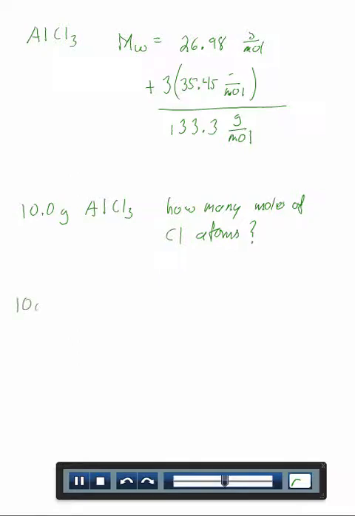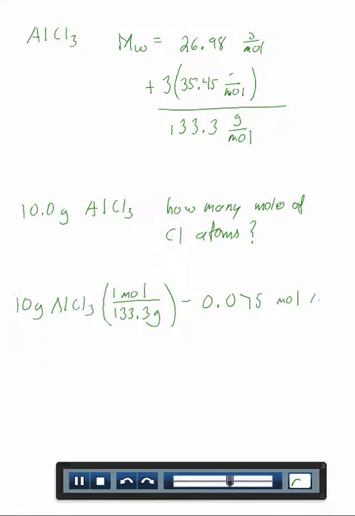So I start with 10 grams of aluminum chloride. I'm going to find out how many moles that is. So 1 mole of aluminum chloride weighs 133.3 grams. So that will give me 0.075 moles of aluminum chloride molecules.